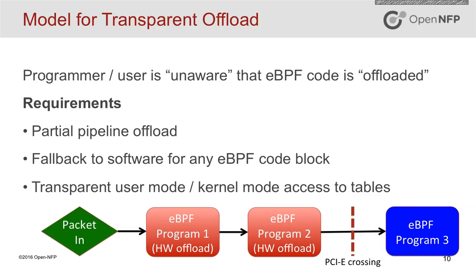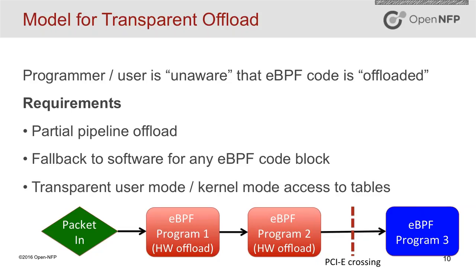But here we have a third program which, for whatever reason, cannot be run in the hardware. So that runs in the kernel mode, in software. And at that point, the packet that's being processed has to cross the PCI Express bus. So we try and keep the packet within the network interface card domain for as long as possible.